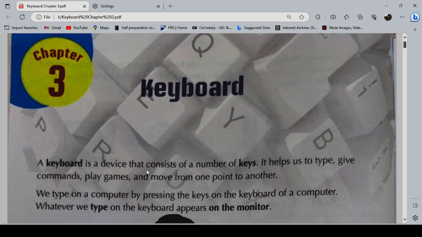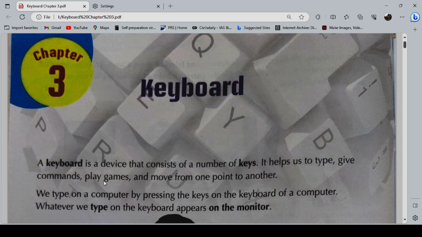Keyboard. A keyboard is a device that consists of number of keys. It helps us to type, give commands, play games, and move from one point to another. So as keyboard is a main part of computer, what we do with keyboard is we give instructions to computer.